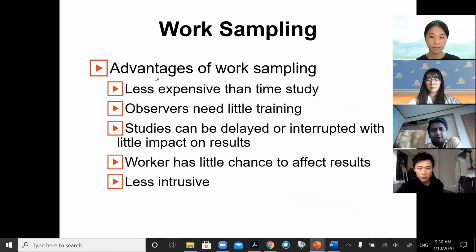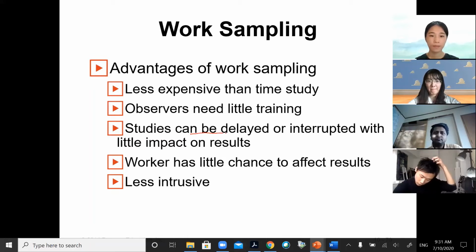The advantage of work sampling is that it is less expensive than time study, but of course the observers need a little training. But for accuracy, you need time study. For work that pays an hourly rate and so on, you need to actually do time study. Work sampling is only a ballpark figure, an average.